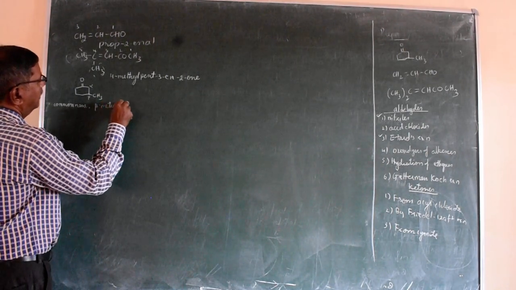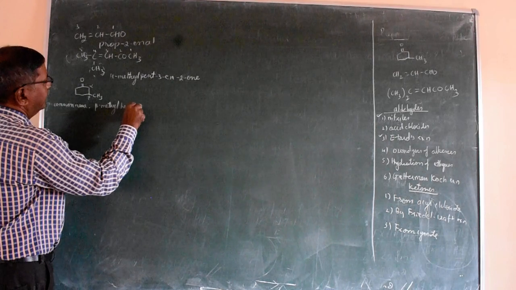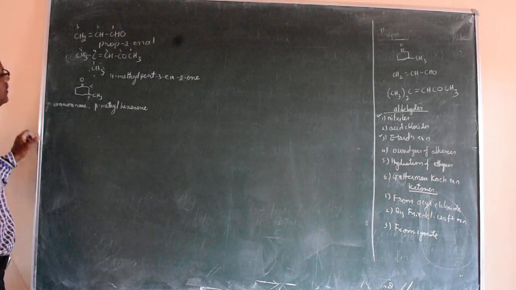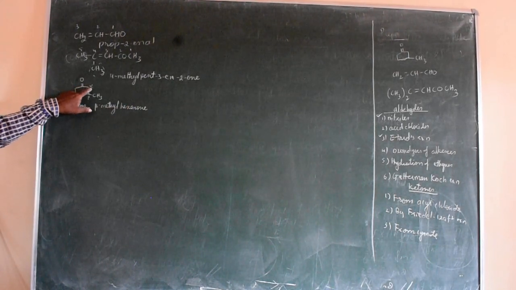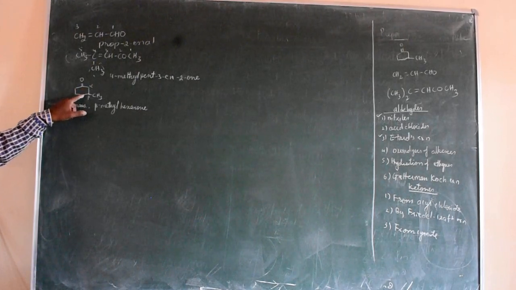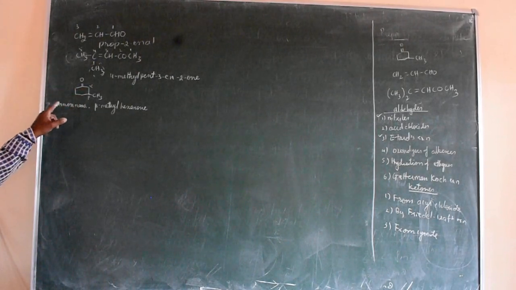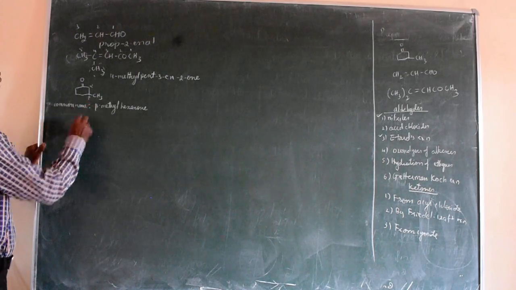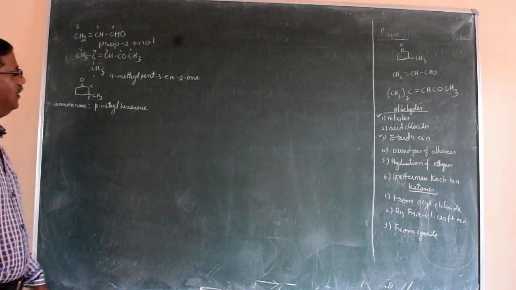Alpha means after the functional group, the next carbon is alpha. Then beta, gamma, delta. So its common name is beta-methyl hexanone.